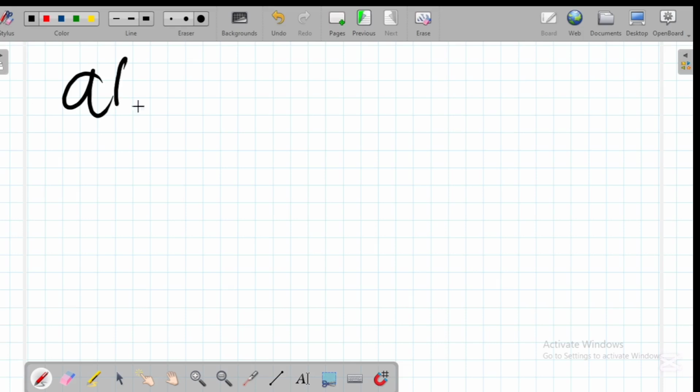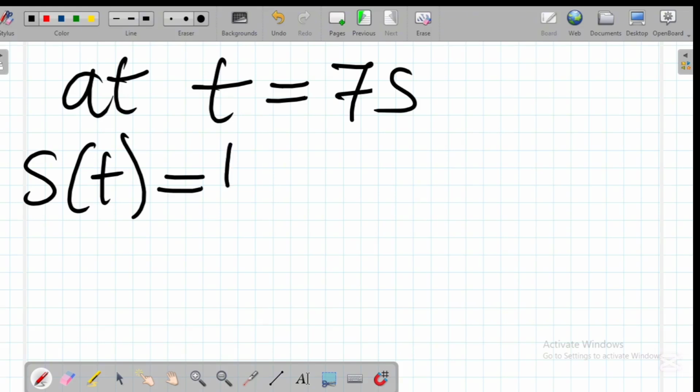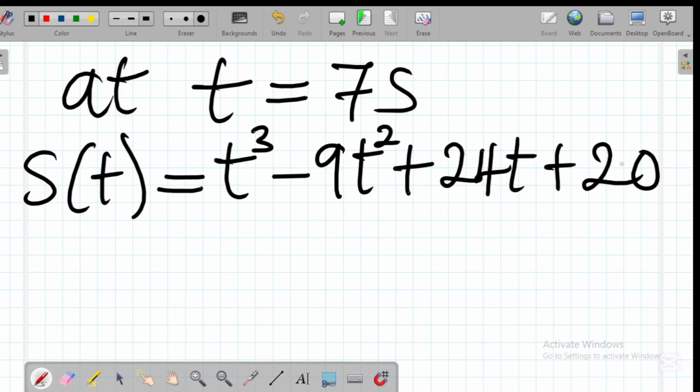The next one is at t equal to 7 seconds. s of t equals t raised to the power 3 minus 9t raised to the power 2 plus 24t plus 20.